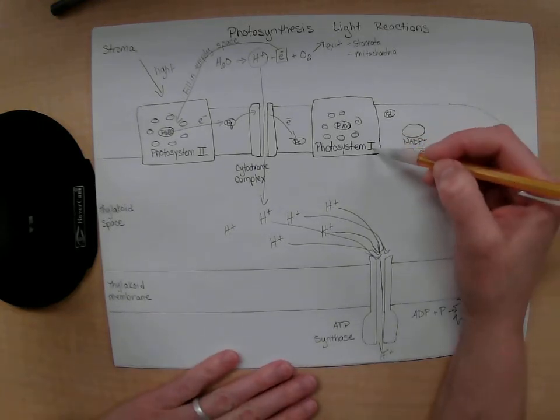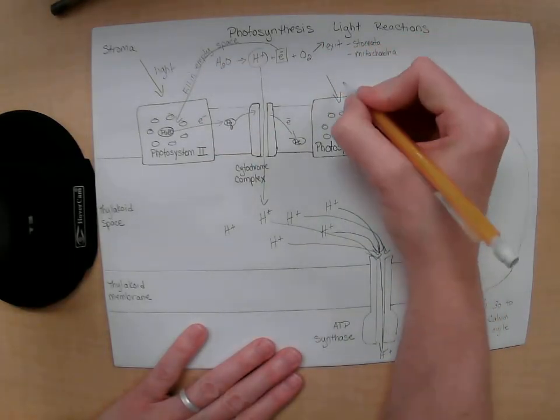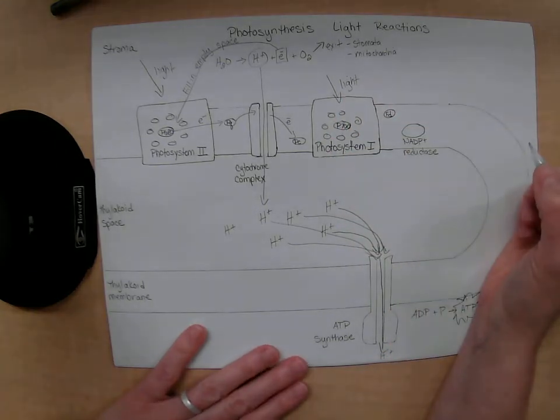The next part is photosystem 1. So the same thing happens. We have light that hits the chlorophyll inside that photosystem.